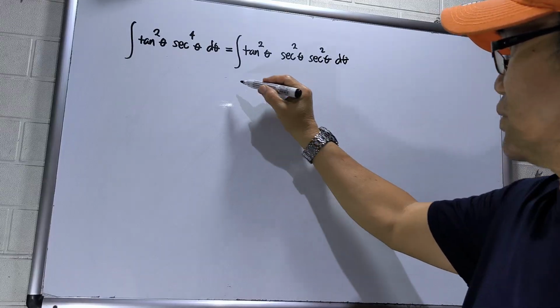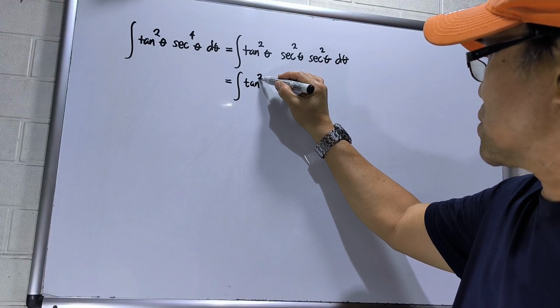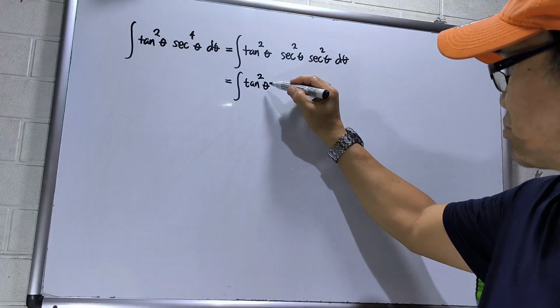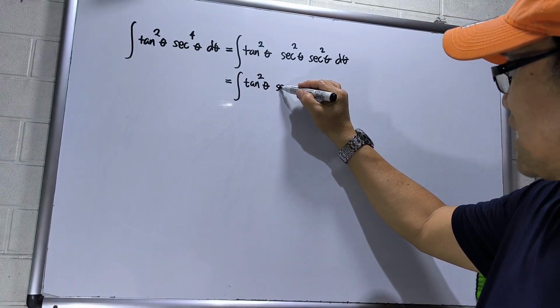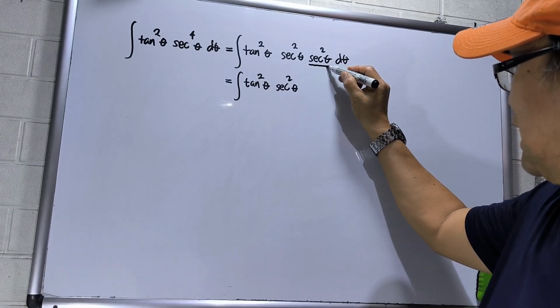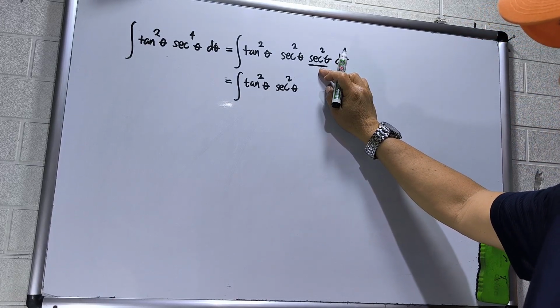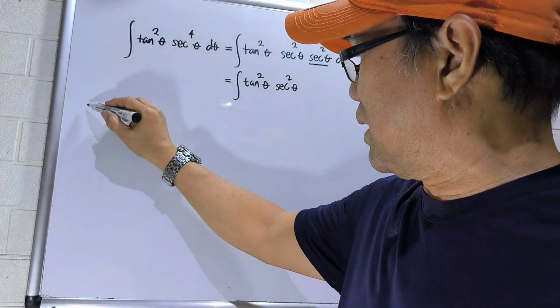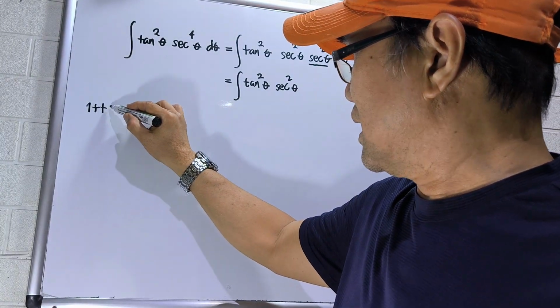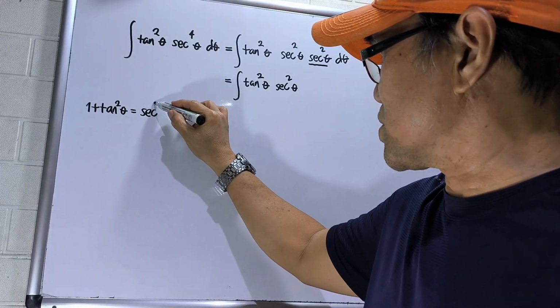Okay? So this will be the integral of tangent squared theta, then this will be secant squared theta. Then I will plug in the value of secant squared theta. Based on our trigonometry, we have 1 plus tangent squared theta is equal to secant squared theta.